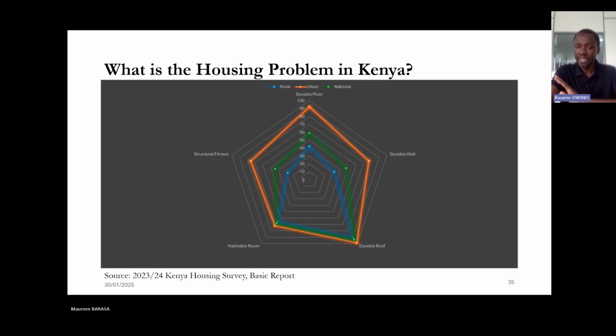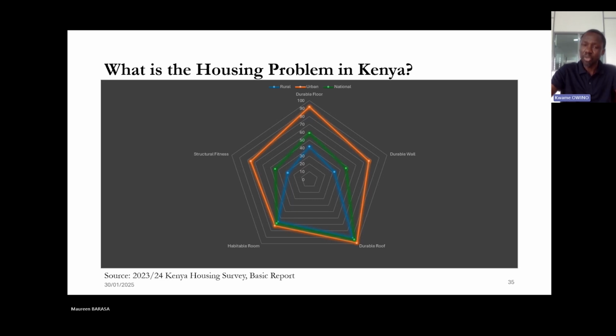And on the structural fitness side, again, I think that tends to be a problem nationally as well, even though, as you can tell, for urban areas it's closer to 80% of the houses that are structurally fit for that purpose. But on the habitability of rooms, that's where Kenya's challenge is, on the structural fitness and the habitability.